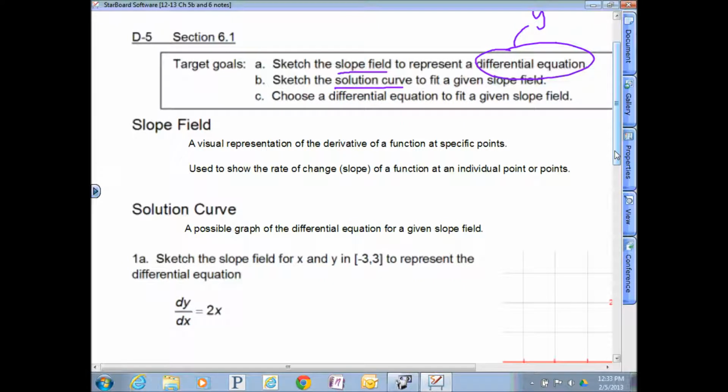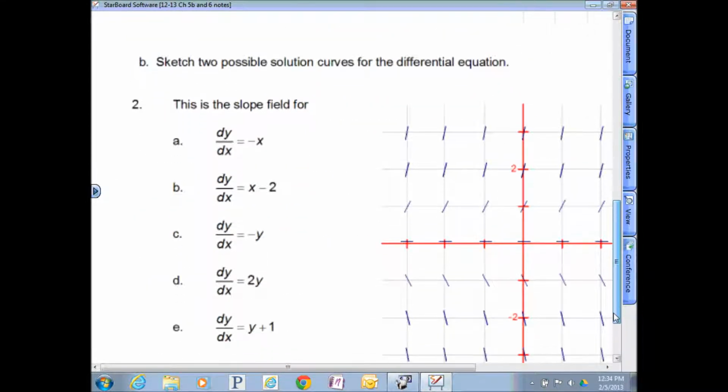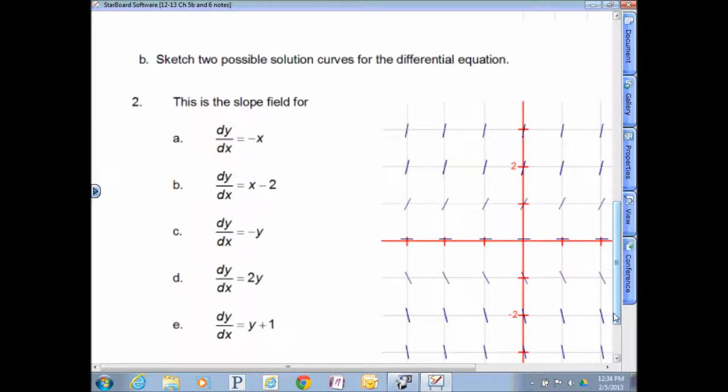I've written out what the technical definition is, or my definition. A slope field just gives us a quick picture of what the tangent line would look like at specific points on a graph. The easiest way to compare this is if we scroll down to problem number 2, and we'll get to the actual question itself. What you see there, these little blue marks, are what the slope of the tangent line would be at each of those specific points.